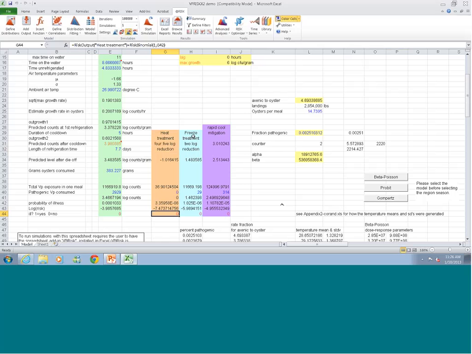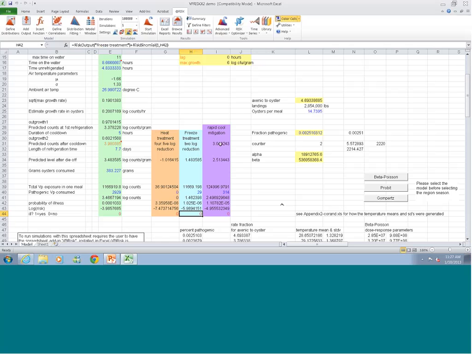In a similar fashion, in this light blue column over here, this was investigating the effectiveness of a freeze treatment. Suppose there was a food safety regulation that said you must freeze all oysters. So it also took the same 3.9 and traced its fate, assuming a 2-log reduction through freezing.